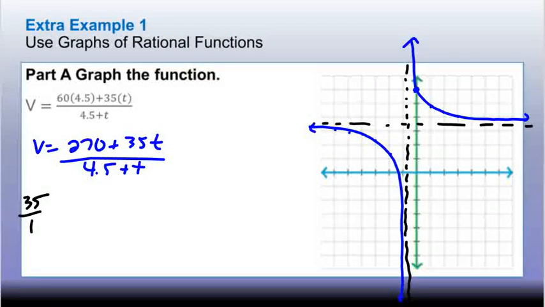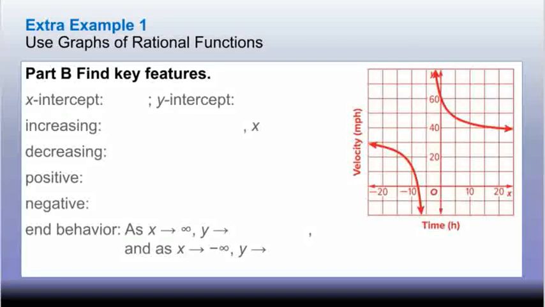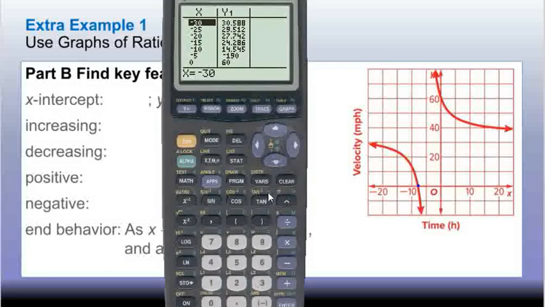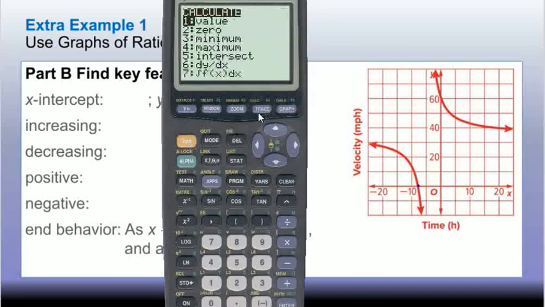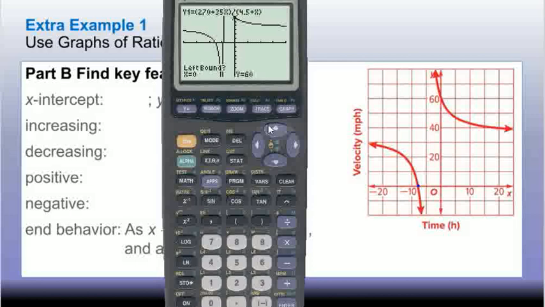Now the key features, the intercepts. There is an intercept right here, so we can find that one. But that one wouldn't make sense for our particular problem, but let's just find it anyways. So if I go to graph, second trace, zero.